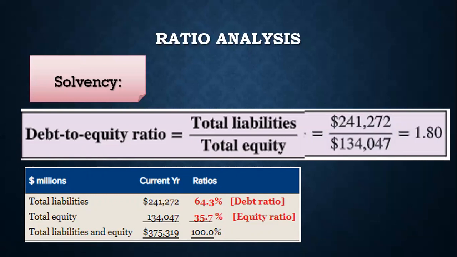So when we take the total liabilities divided by the total equity, we get 1.8. So we have 1.8 times as many liabilities as we do in equity.